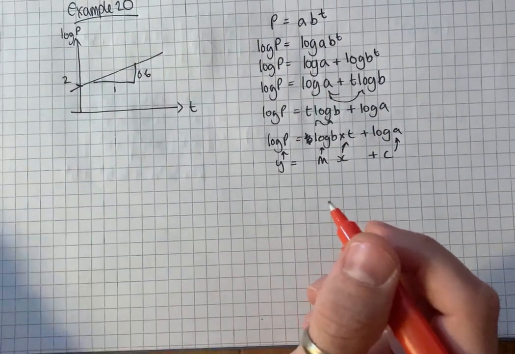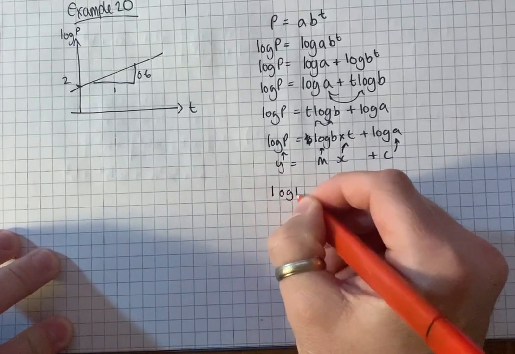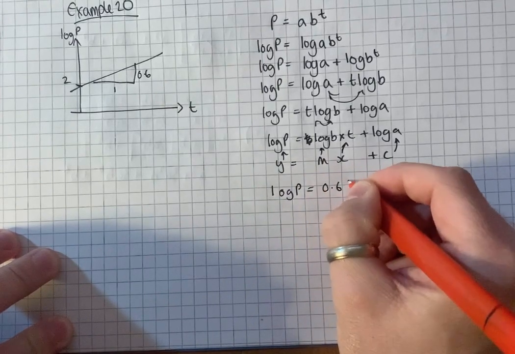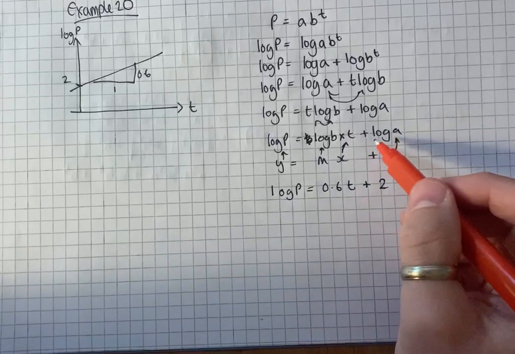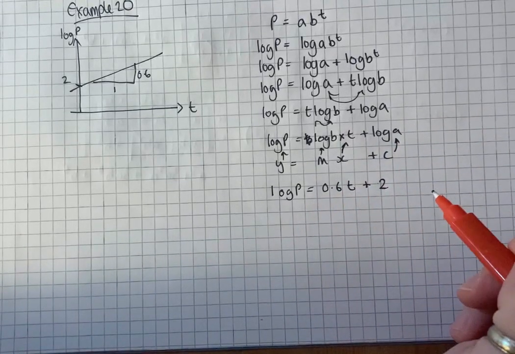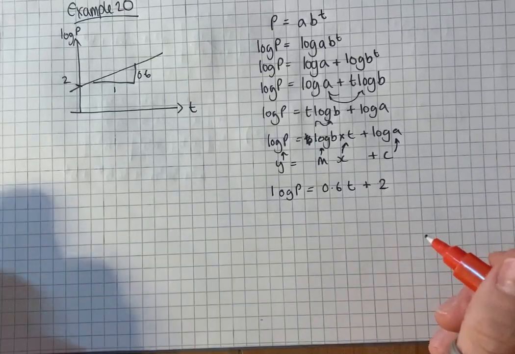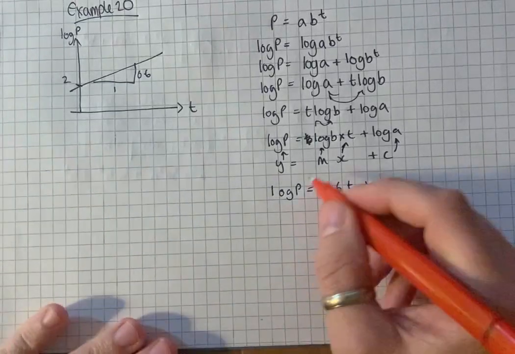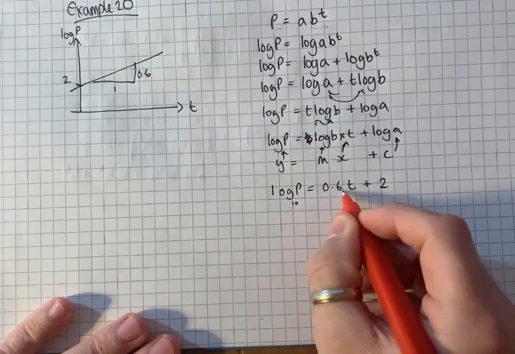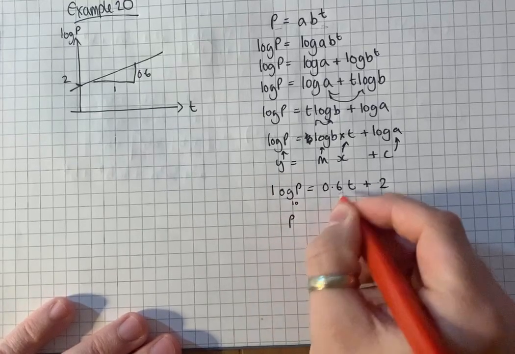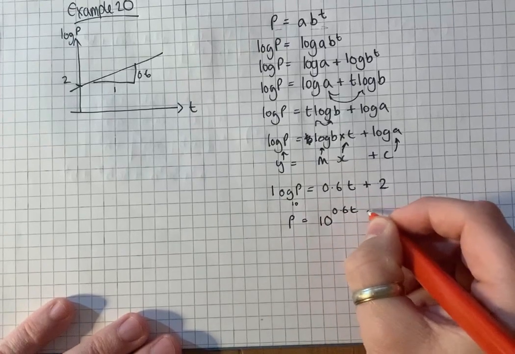So using our model then we can say that log P must be equal to 0.6t plus 2 because log A is 2 and the gradient was 0.6. Now, trying to get that back into this form, remember this is log to the base 10, you can do 10 to the power of to this side, bring all this across, so P equals 10 to the power of 0.6t plus 2.